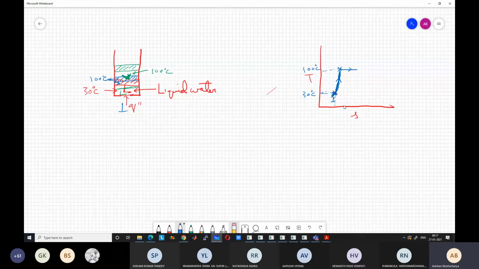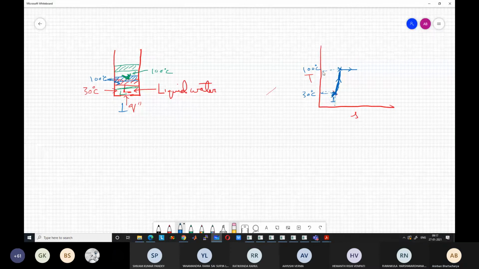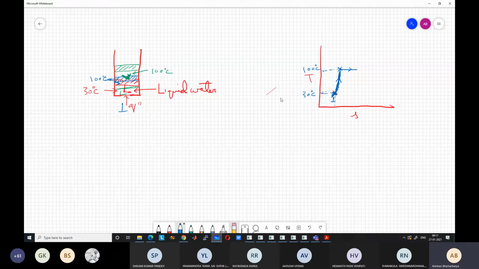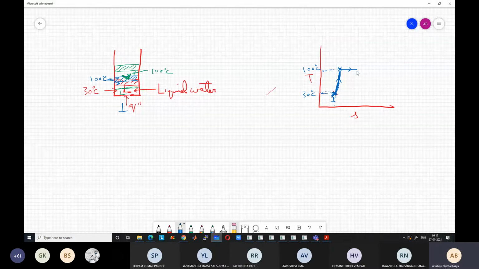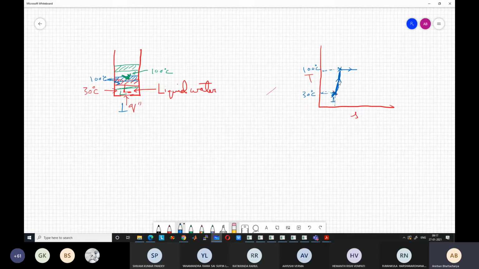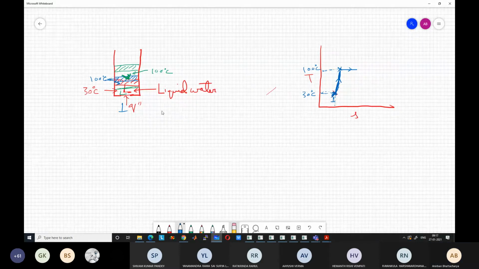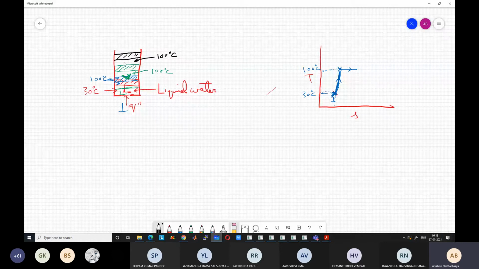And then after some more time, what will happen? Say the entire liquid has got converted to vapor phase. So now we still have 100 degrees centigrade, but only vapor.